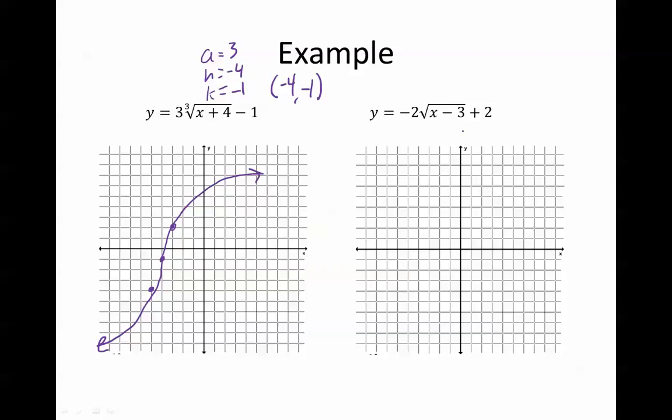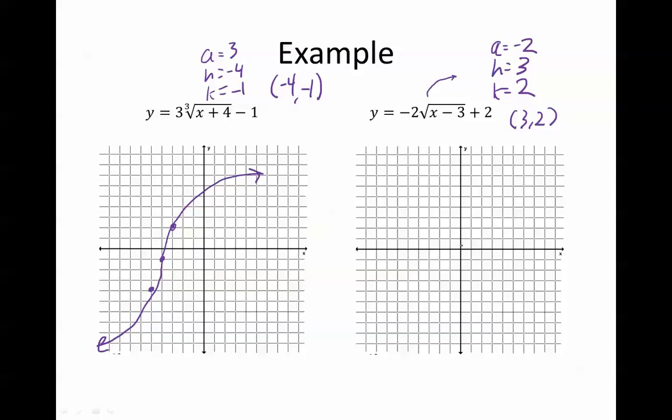Let's take a look at the second one. This is a square root function, so it's going to curve like that. I'm noticing that my a is -2, my h is +3, and my k is +2, which communicates to me that I need to shift to the point 3, 2.